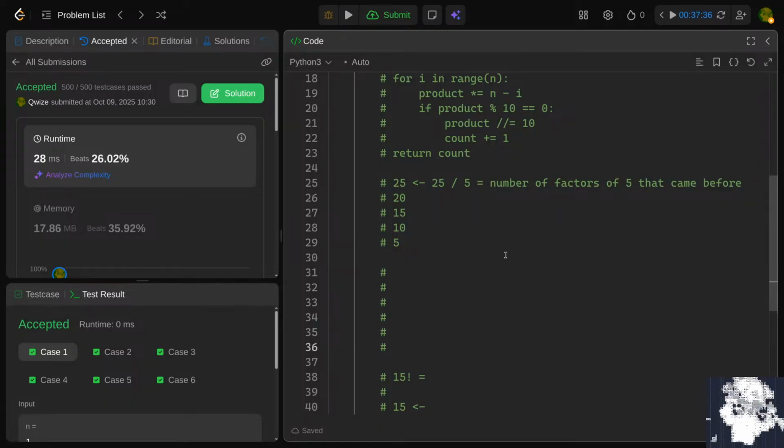Where so 25 is here. It counts twice, and it can count all of the ones that came before it also.